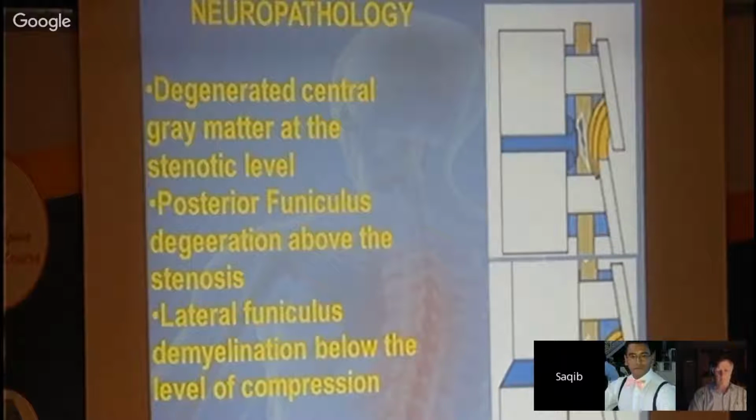What the neuropathologists see in myelopathic patients is degenerated central gray matter at the stenotic level. Interestingly, you will see posterior funiculus degeneration above the stenotic level, and lateral funiculus demyelination below the level. The anterior funiculus is normally spared until very late stages.